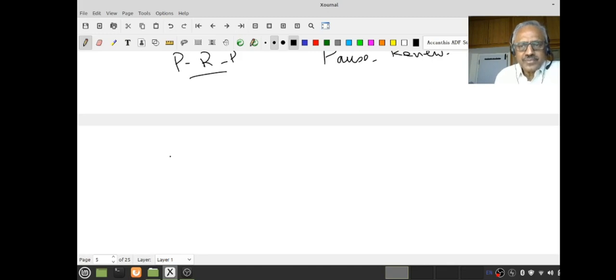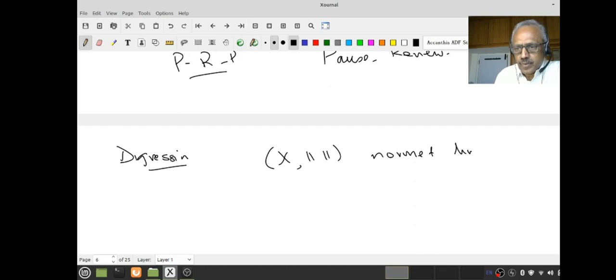Now there is something very interesting happening. See, let us have a digression. Suppose X is a normed linear space. X need not be Rn. It's a vector space over R with a norm.